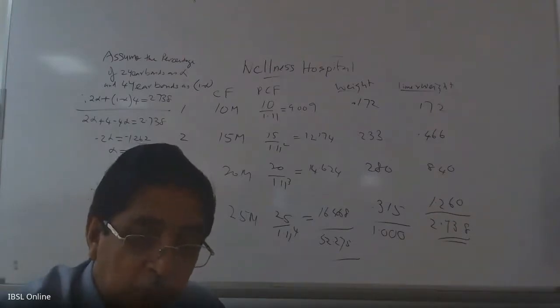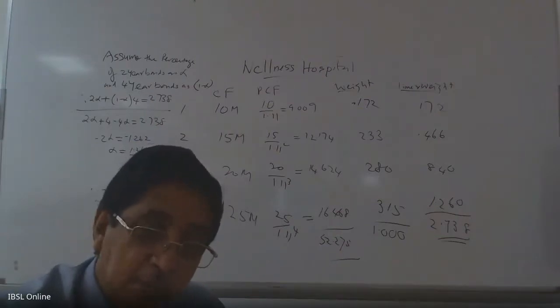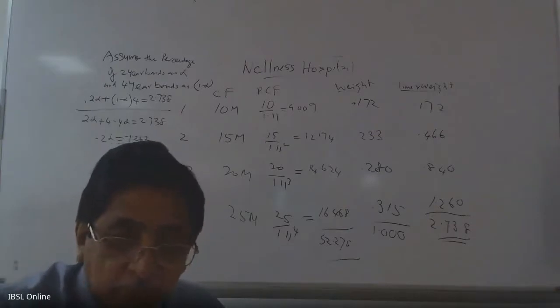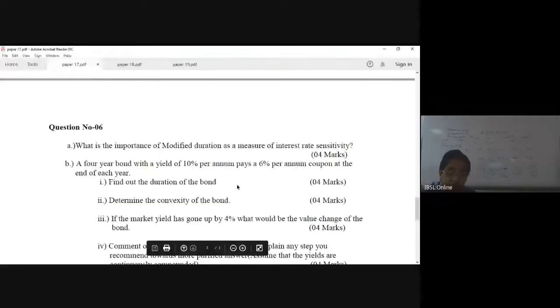Right, of course, now we can just make the worksheet. Now it's like this. You need to get the duration. So it talks about 4 years, and the yield to maturity is 10%.